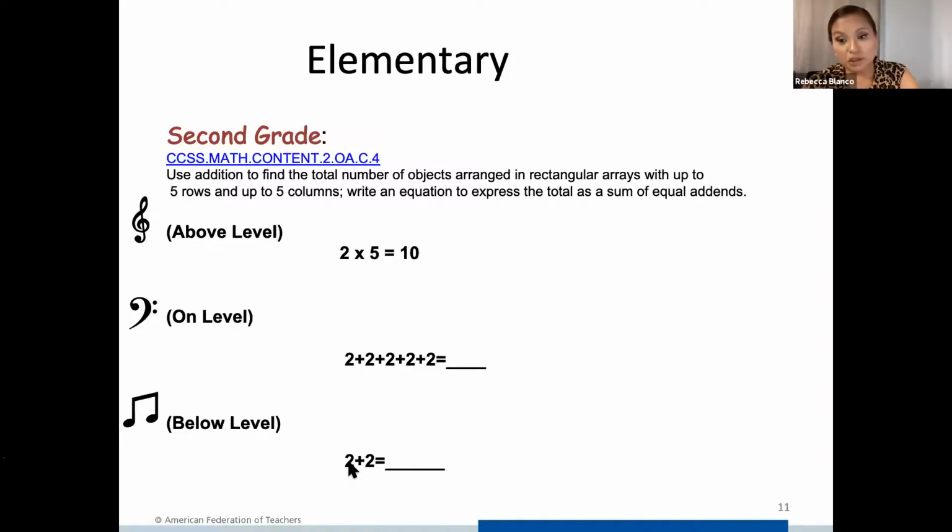So they may be doing something like repeated addition of 2 plus 2, and they might make an array of 2 by 2. Or you can add 2 plus 2 plus 2, which would be an array of 2 by 3, right? So that would be one way, but you do denote it based on that icon that you have assigned for that level. Okay.